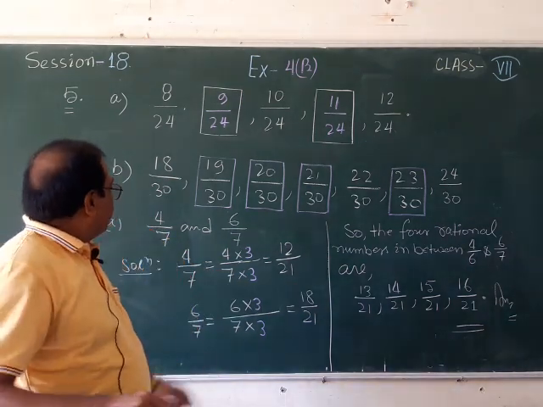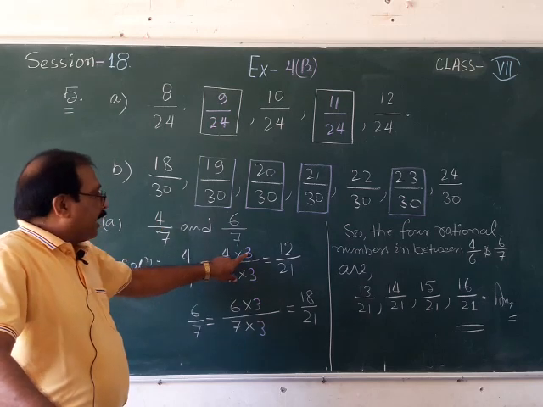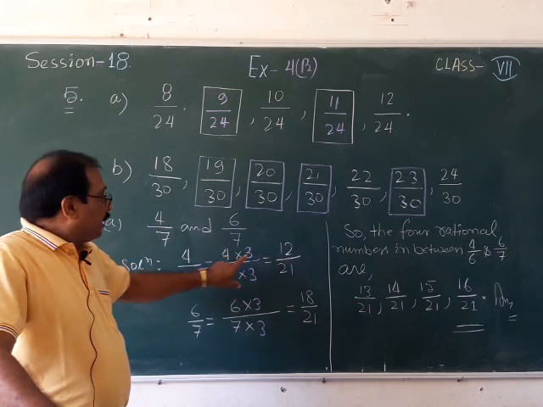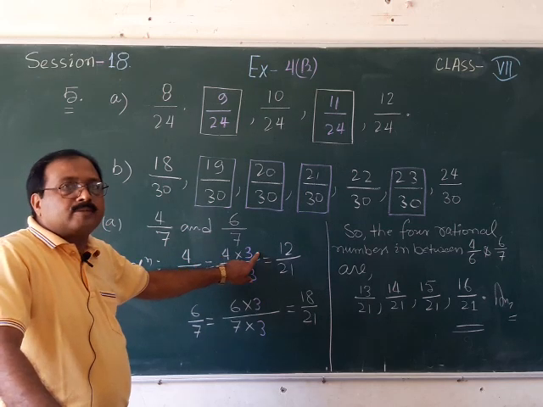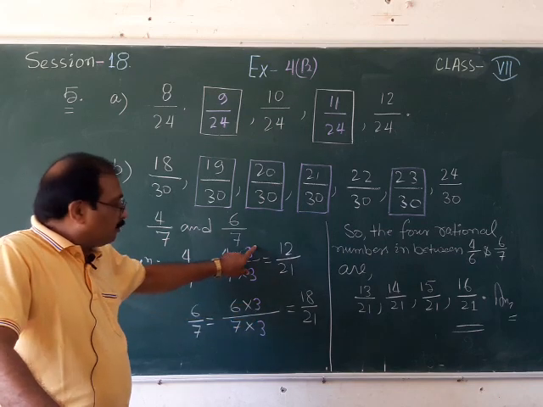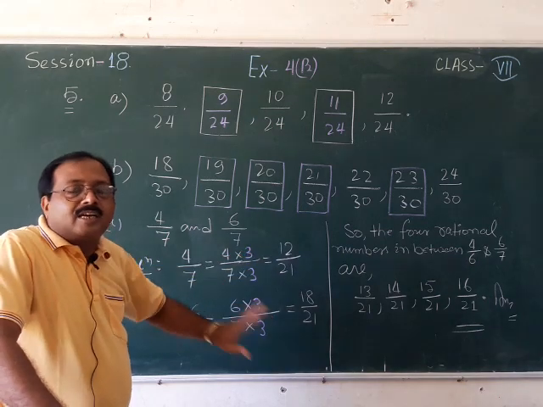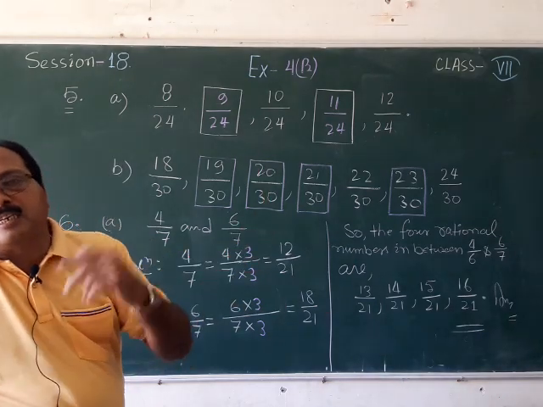You see here, I can multiply the number 4 as I have multiplied it by 3. If suppose I am multiplying it by 10, so 4 into 10 becomes 40, and here 6 into 10 becomes 60. So in between 40 and 60, you can think that there are many rational numbers and you can write any 10.